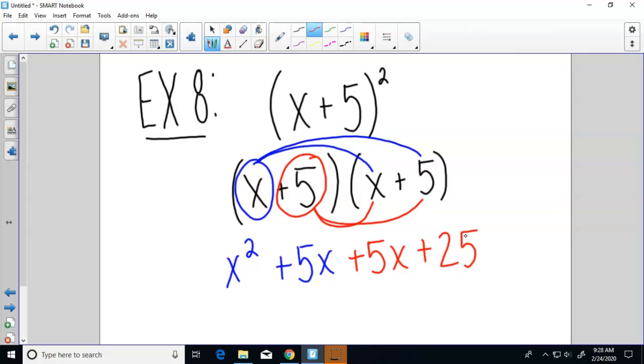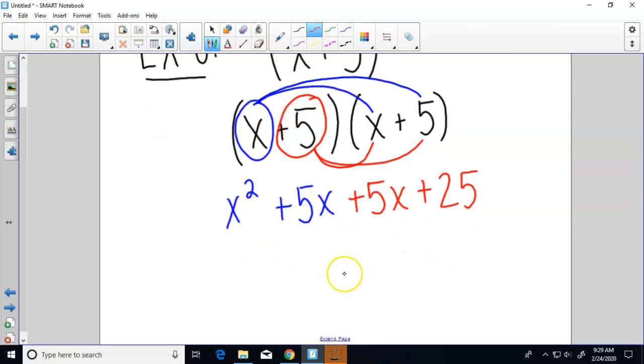Now this almost looks like the last problem, except do my 5x's cancel this time? They're both positive this time, so they don't cancel. So your answer for this is x squared plus 10x plus 25.